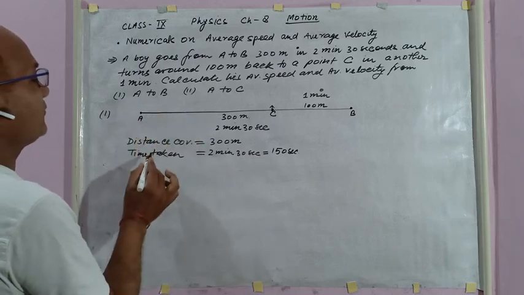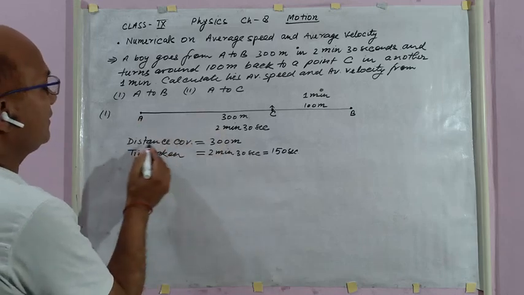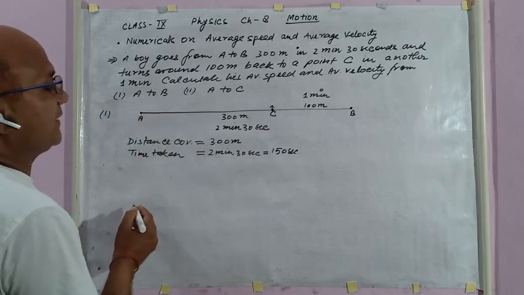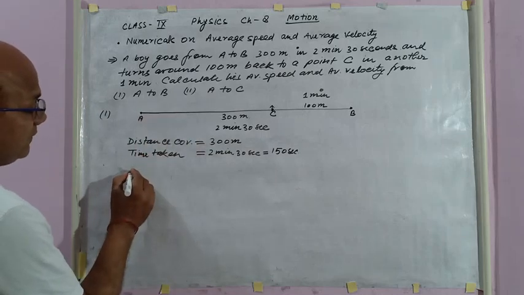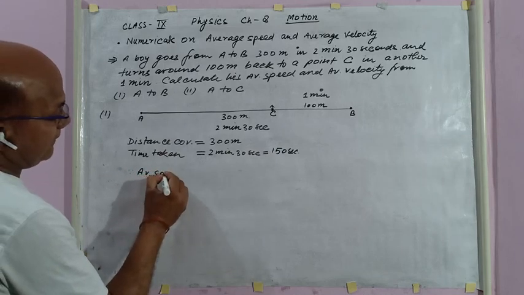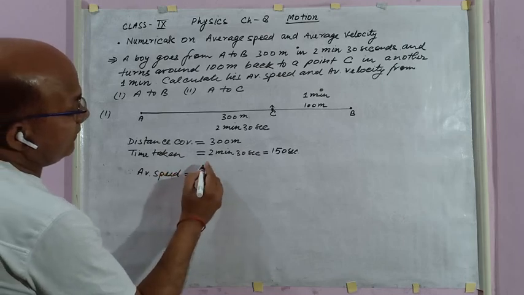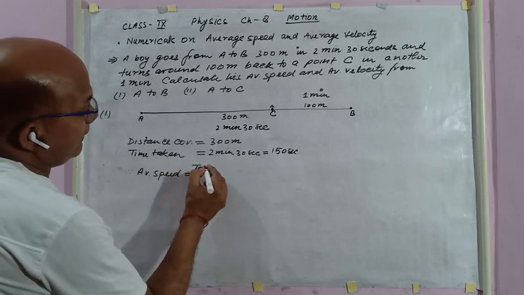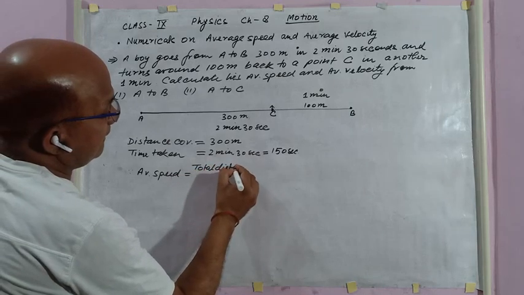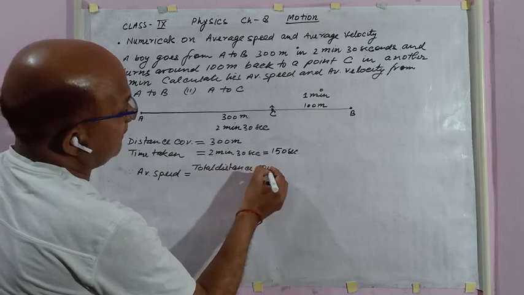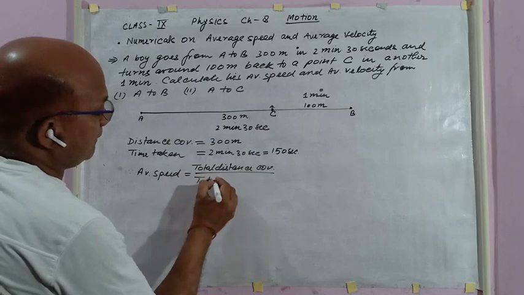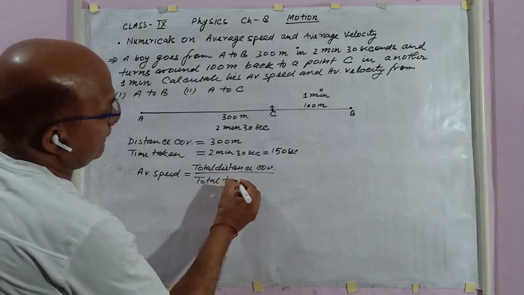So now to calculate average speed from A to B, we have total distance covered and total time taken from A to B. Since average speed is equal to total distance covered upon total time taken.